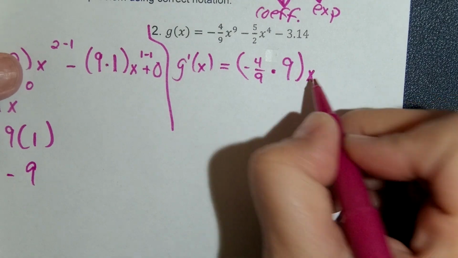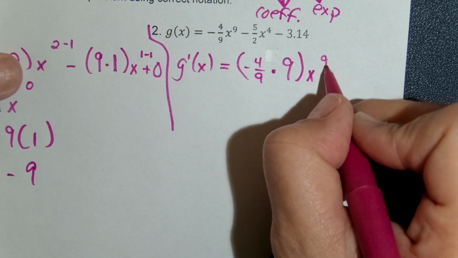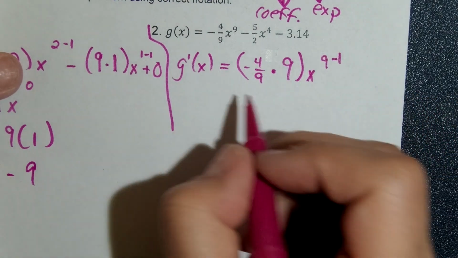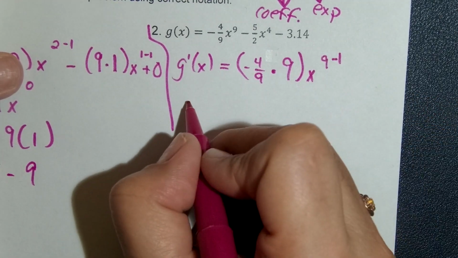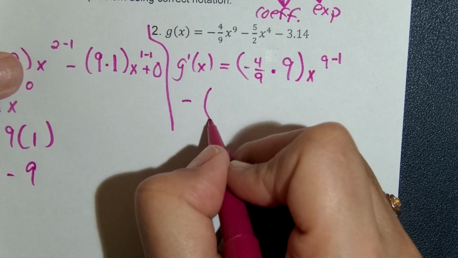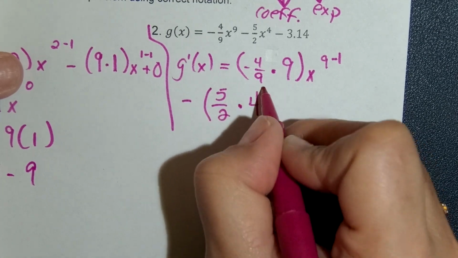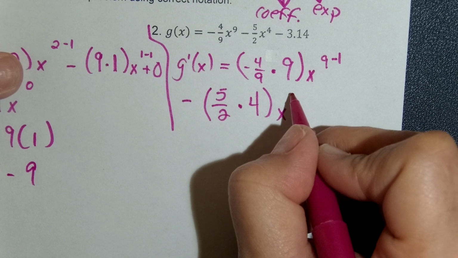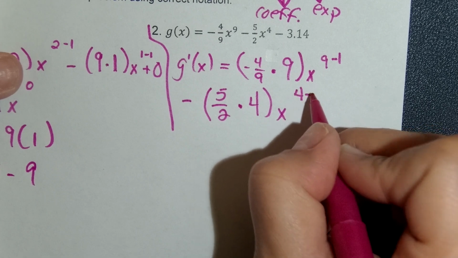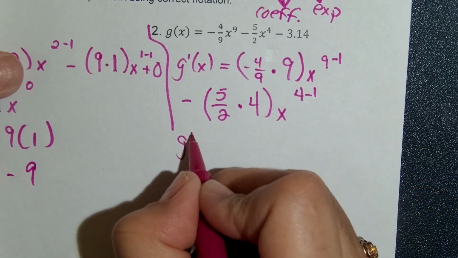And x, and then 9 minus 1. And then minus 5/2 times 4, x again, and 4 minus 1. Okay. The last one is 0.